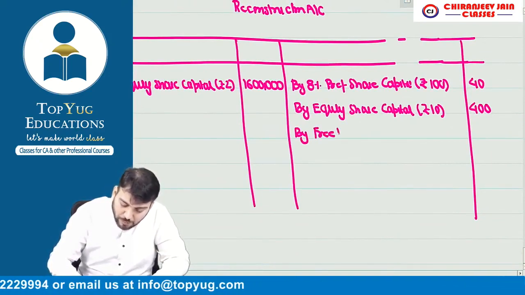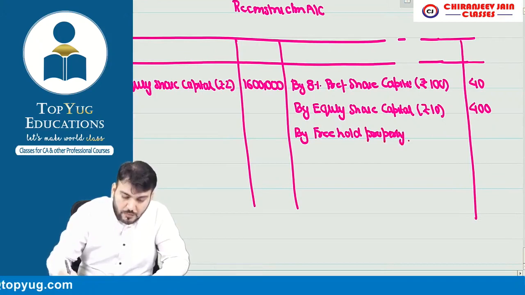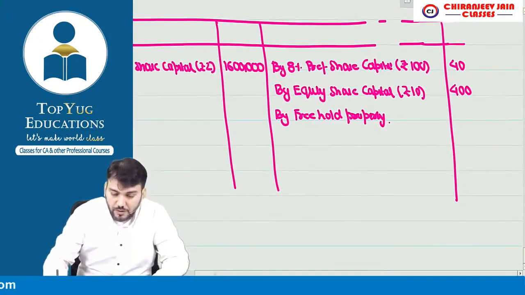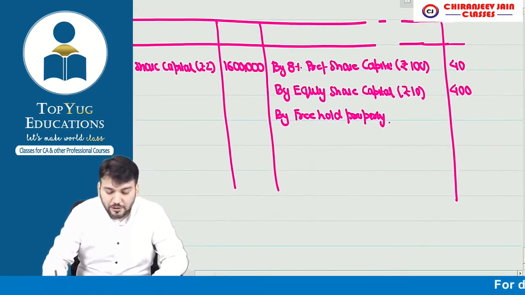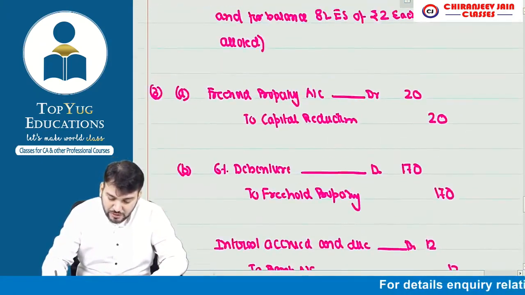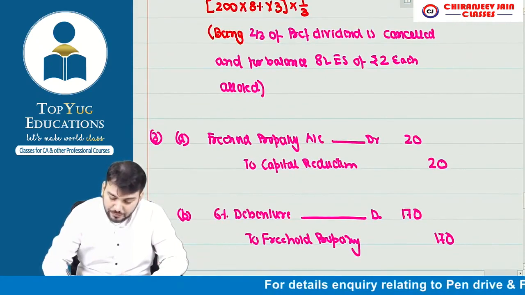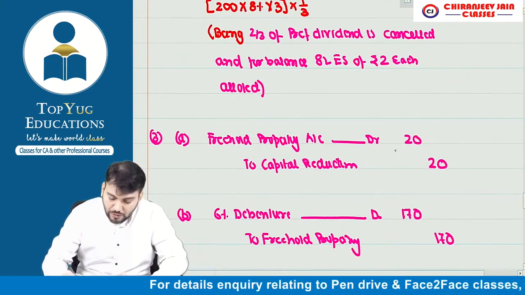Then buy freehold property. How much did we increase? It is 20 lakh. The increase was 20 lakh.